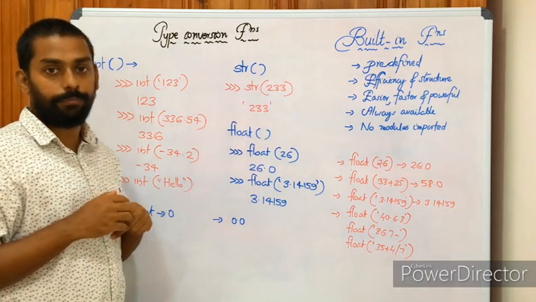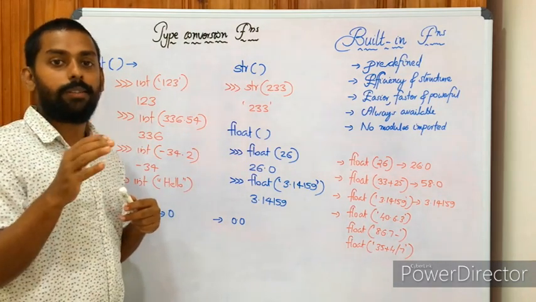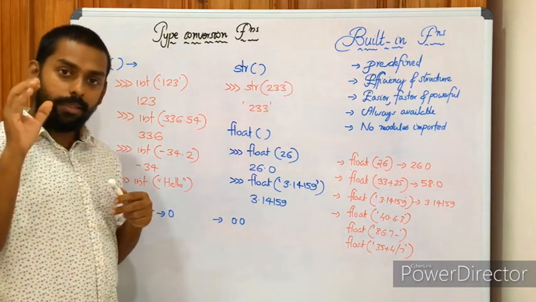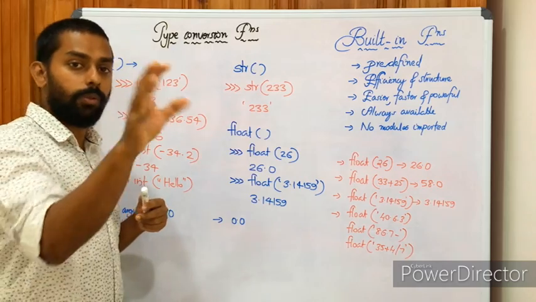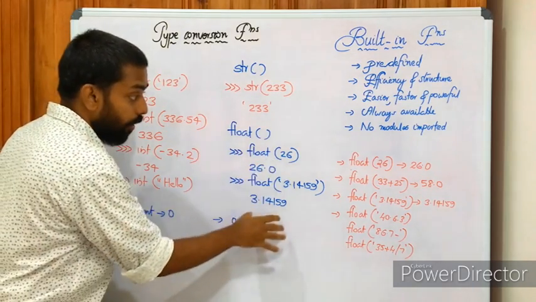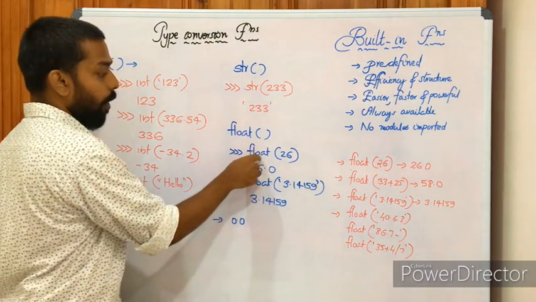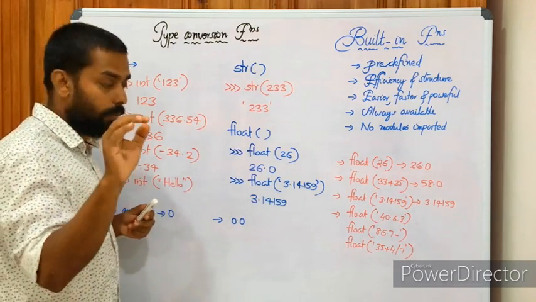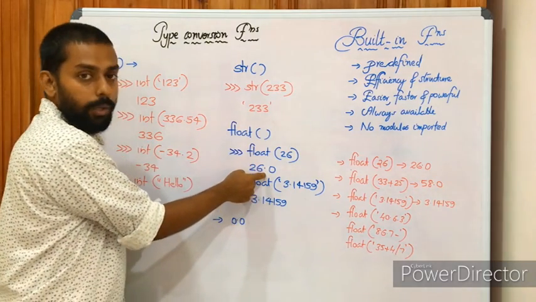Then float. It's another one. We know float is a built-in type conversion function that converts any value to floating point value. We have a number of statements here. Float of 26. We know 26 is an integer value, a numeric value, which will be converted to floating point.